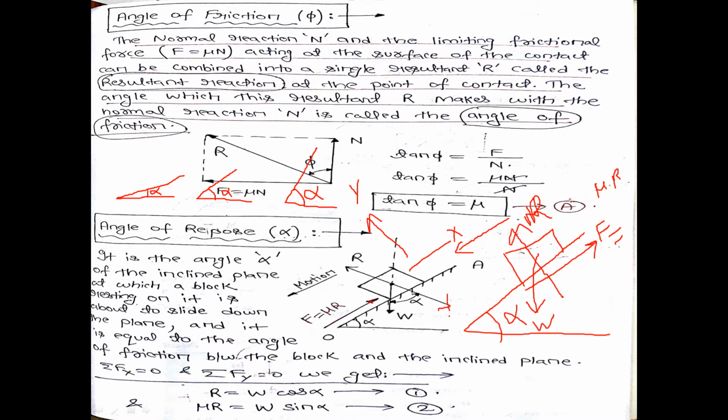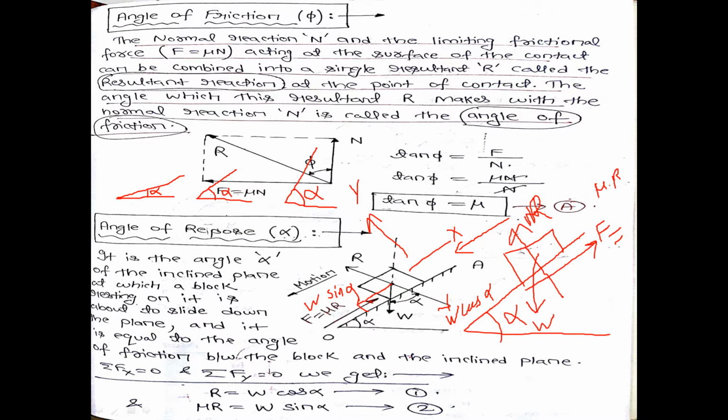This component is your W cos alpha, and this component will be your W sin alpha, because this angle is alpha. So if I write summation Fy equal to 0, I can write plus R minus W cos alpha equal to 0, or R is equal to W cos alpha, which is equation number 1.